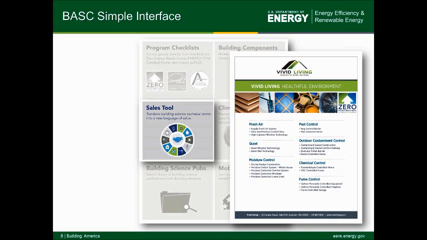In this case, you see healthful environment. It also addresses efficient construction. It addresses additional comfort, durability, quality. So all these things are available. You can bundle your innovations by attributes you'd want to feature to particular customers during a sales process where you find out their needs. So the sales tool is very helpful.